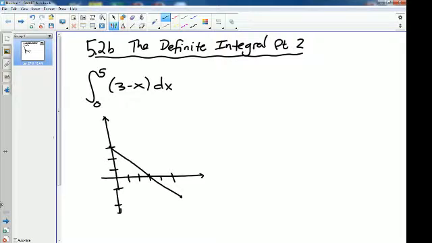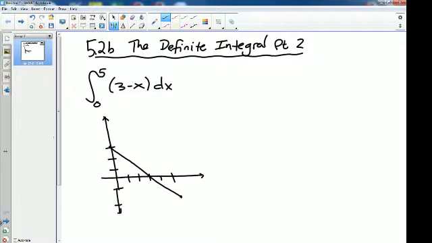It's just a line, right? Geometrically, what shapes are we looking at here? Yeah, they're triangles, right? So what are the areas of these triangles?